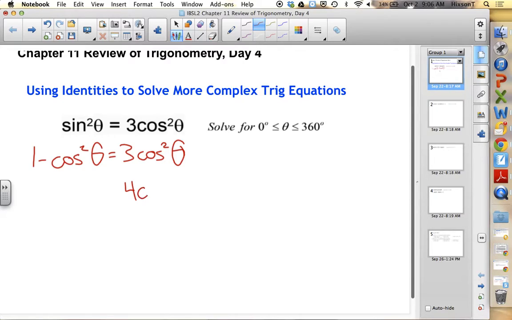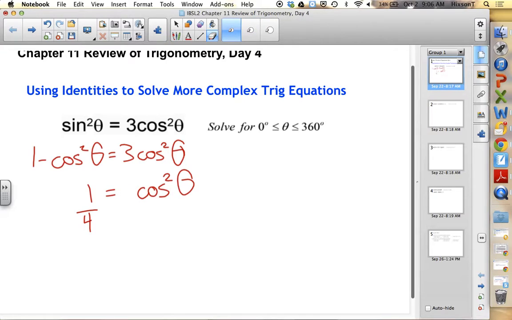Can you do that? Yeah. This is not a proof, we're actually solving an equation for theta now. We're not proving anything, we're solving for what angle would make this true, because this isn't always true. Divide by 4. So we have 1/4 over here.